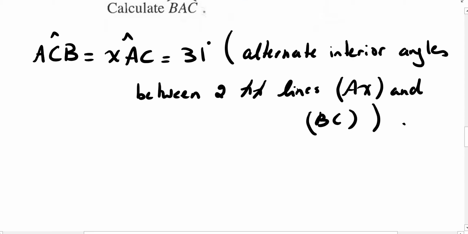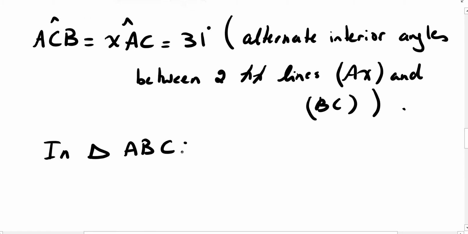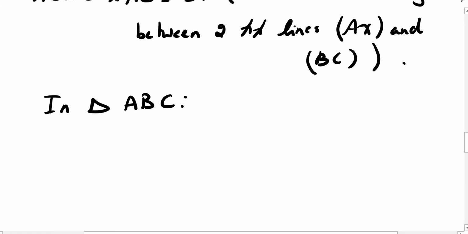Now I can find the missing angle in triangle ABC, so let me specify in which triangle I'm working. In triangle ABC, angle B, which is ABC.